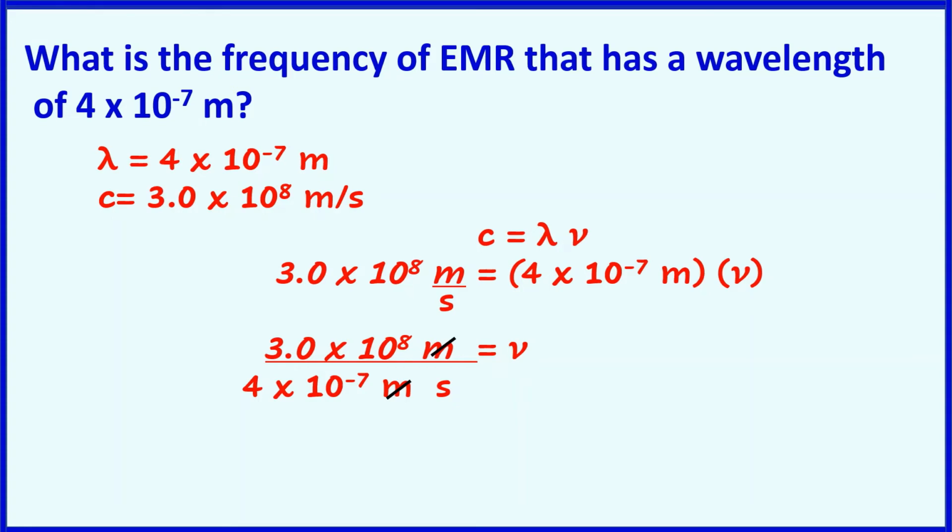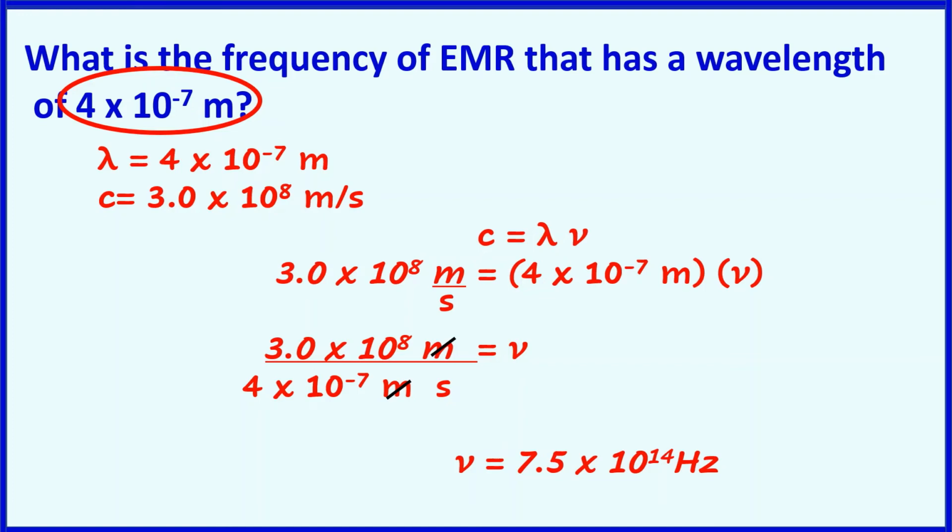We're going to put our numbers into our calculator, 3.0 times 10 to the 8 divided by 4 times 10 to the negative 7, and we come up with an answer of 7.5 times 10 to the 14 waves per second, or hertz. Now, when we look at our original numbers, we started with 4 times 10 to the negative 7.